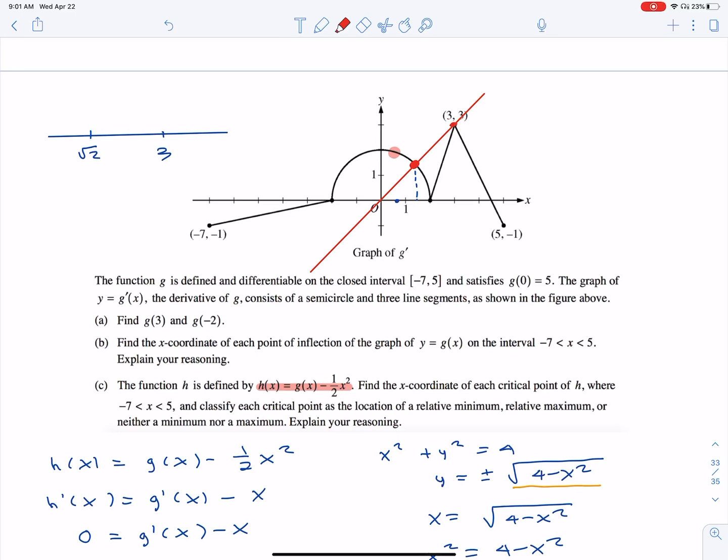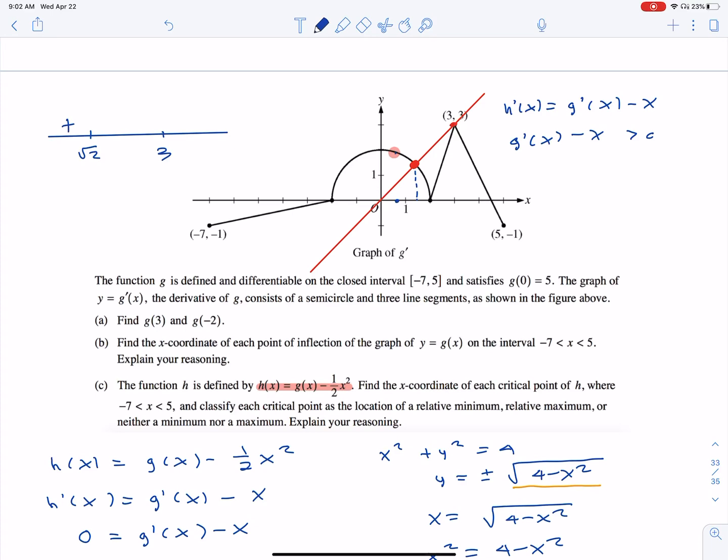In other words, if h prime of x equals g prime of x minus x, well, if you take this curve minus this curve, you're going to get a positive number. So that's going to be positive.